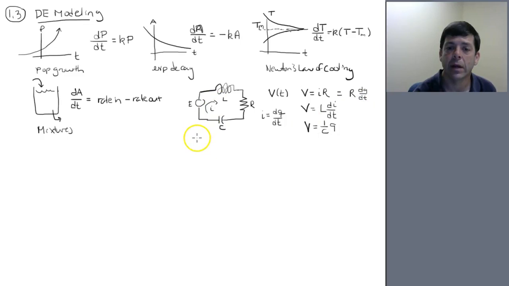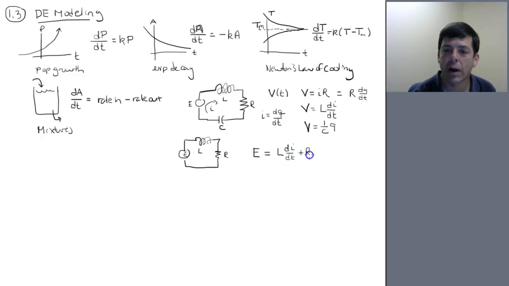So if you had a circuit where you have the E and then just this and this, so you have an LR circuit, then the total voltage, which is going to be forced by the forcing function E, is then going to be L di/dt plus Ri.